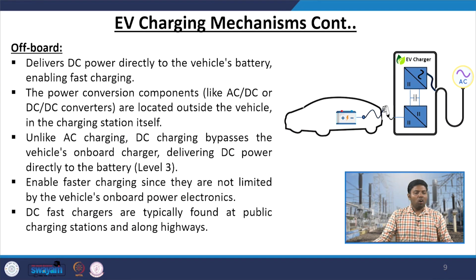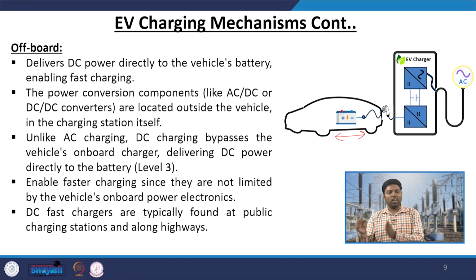Second comes off-board charging, which is mostly popular and is installed at the charging stations. Other than the power conversion mechanism, like AC to DC and DC to DC conversion, instead of having it inside the car, you put it at the charger, that is outside your car.